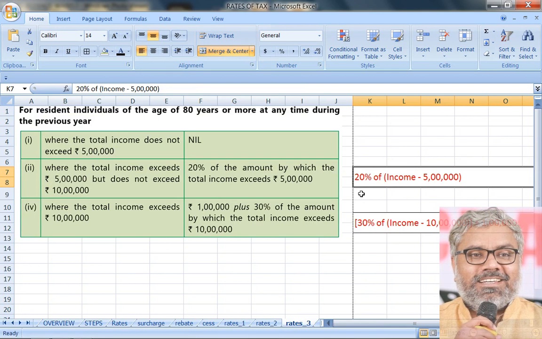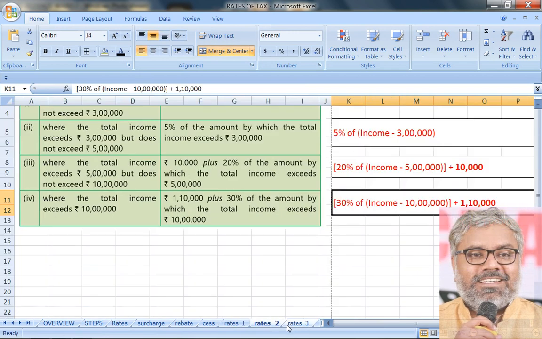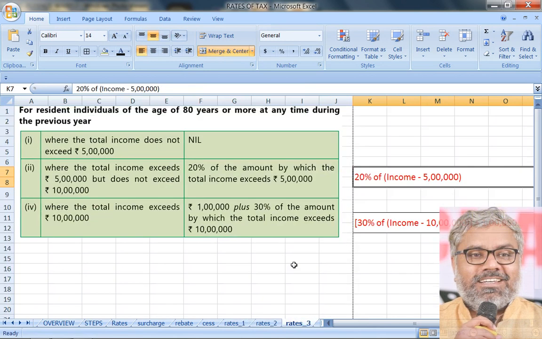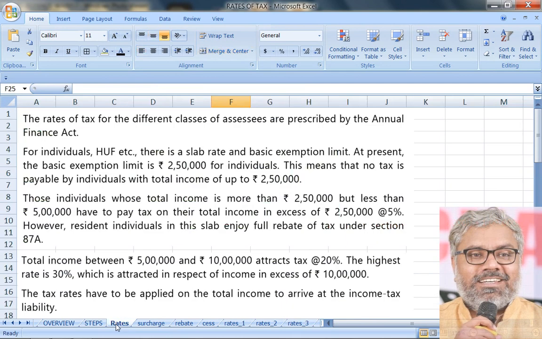Remaining slabs will stay as they are, but calculations change because of different basic exemption limits for normal SSE, resident senior citizen and resident super senior citizen. How to do these calculations, we have discussed already in the earlier session.